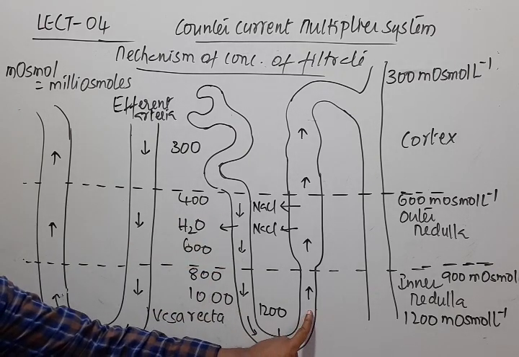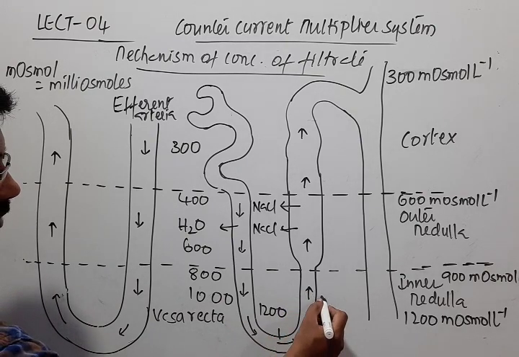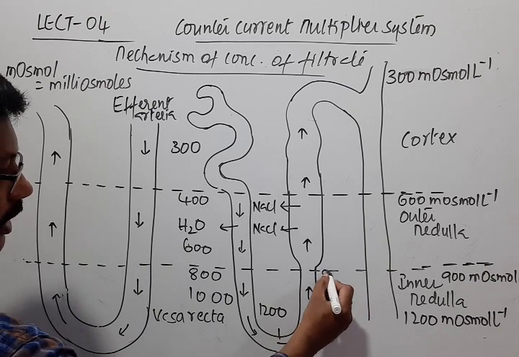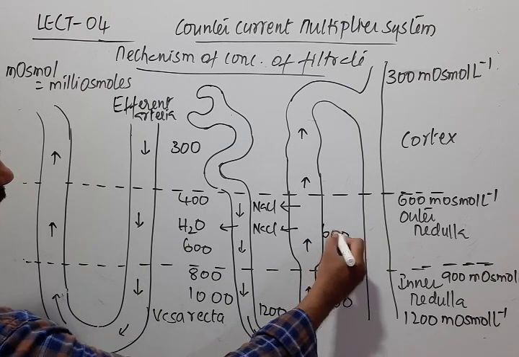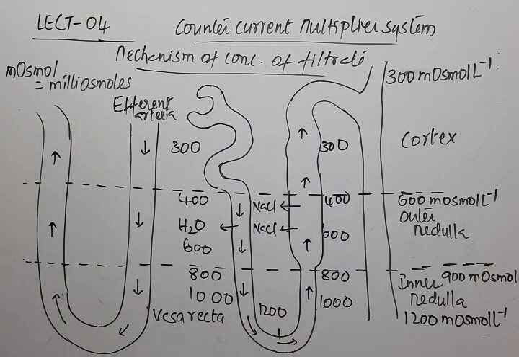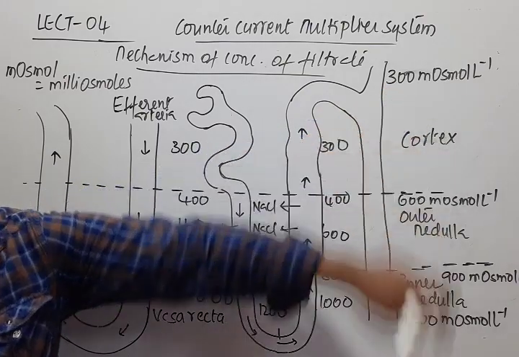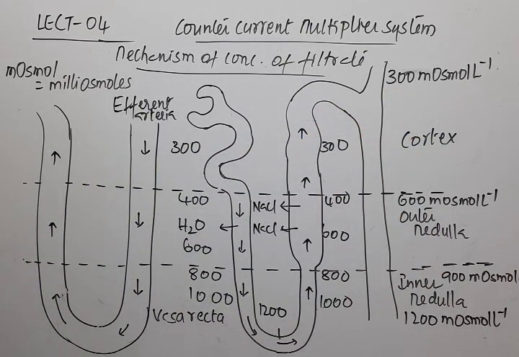Now as it moves up again, the filtrate will get diluted. So again from here it will be 1000, then 800, then 600 and 400, and by the time the filtrate reaches the distal convoluted tubule, it will be back to the same concentration as that of the interstitial fluid in the cortical region.